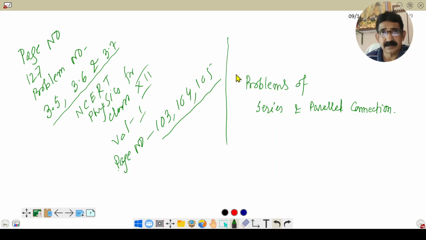In class 10 you have already studied the nature of series connection and parallel connection of the resistances.